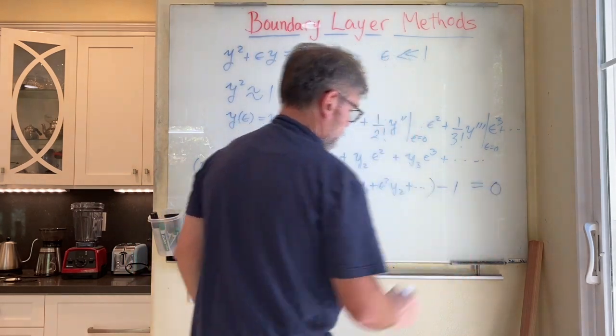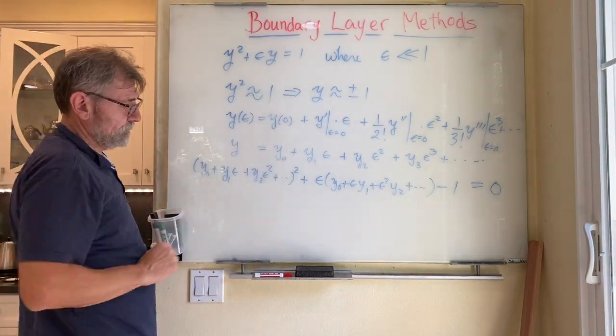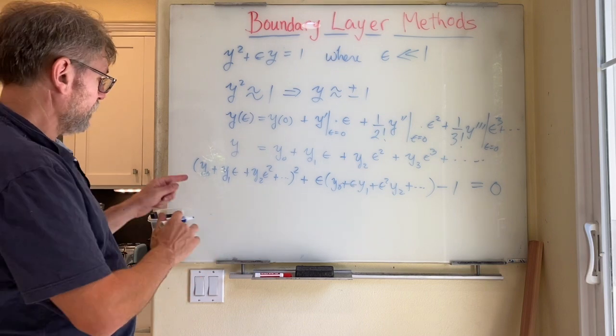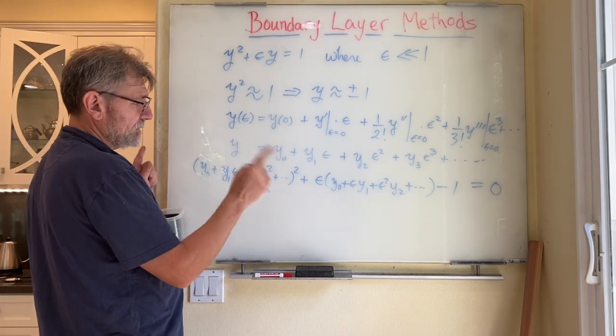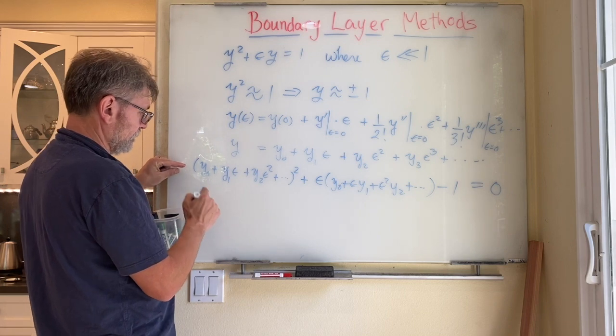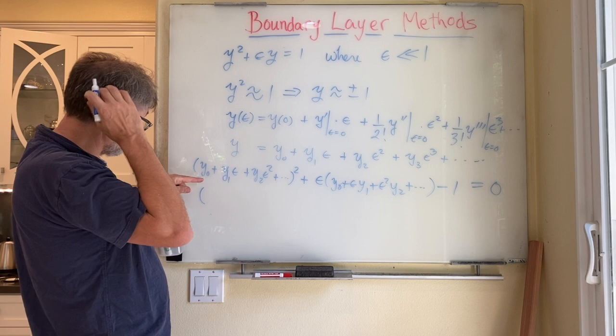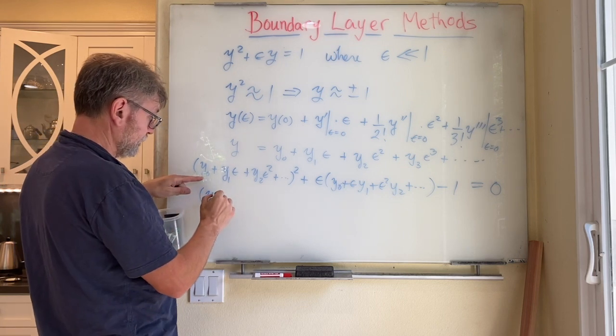And I get this equation, right? And it's got an infinite number of terms. But now I could try to collect all the terms together that have the same powers of epsilon. So we can rearrange the terms in the following way. From the first one, terms that involve epsilon to the power 0, I'll get y naught squared.